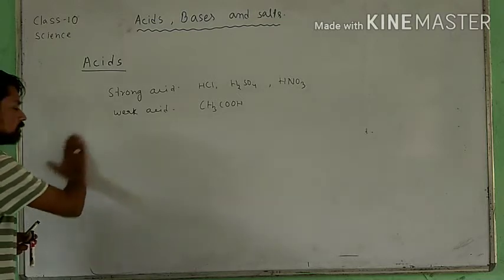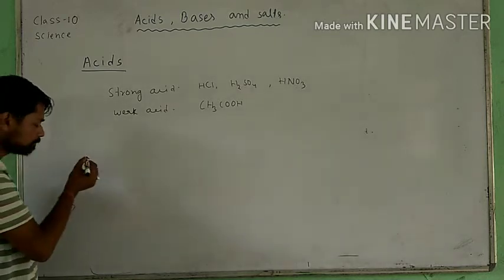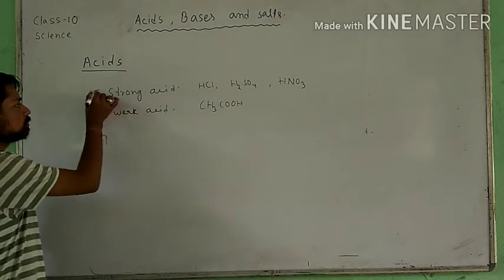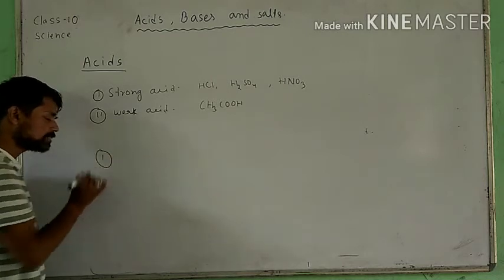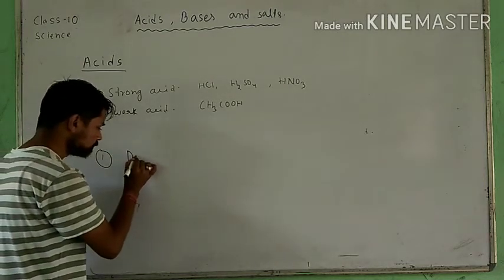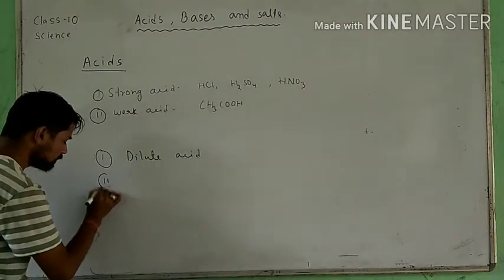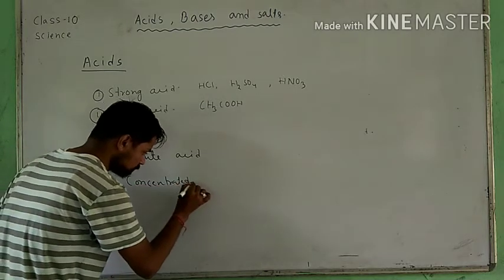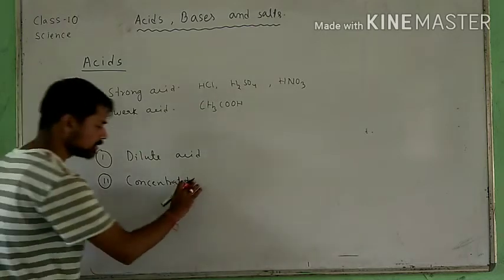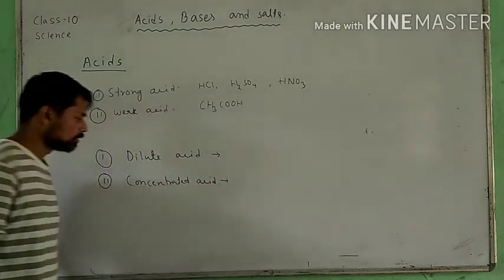There is another division of acid, which depends on concentration. Again, acid can be classified in two more ways. Acid can be divided as dilute acid or concentrated acid. What is dilute acid?